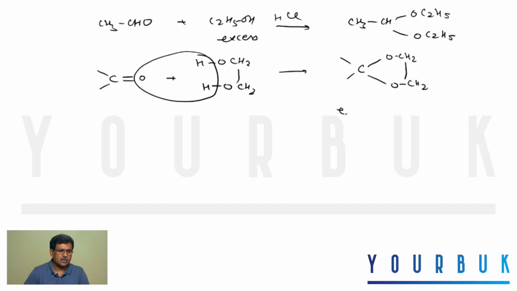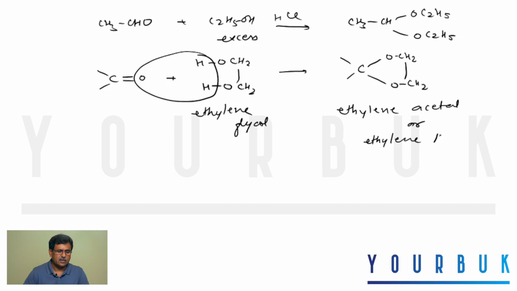Now this is called ethylene because its name is ethylene glycol. So this product is called an ethylene acetal if we are using an aldehyde as the starting compound, and an ethylene ketal if we are using a ketone as the starting compound.